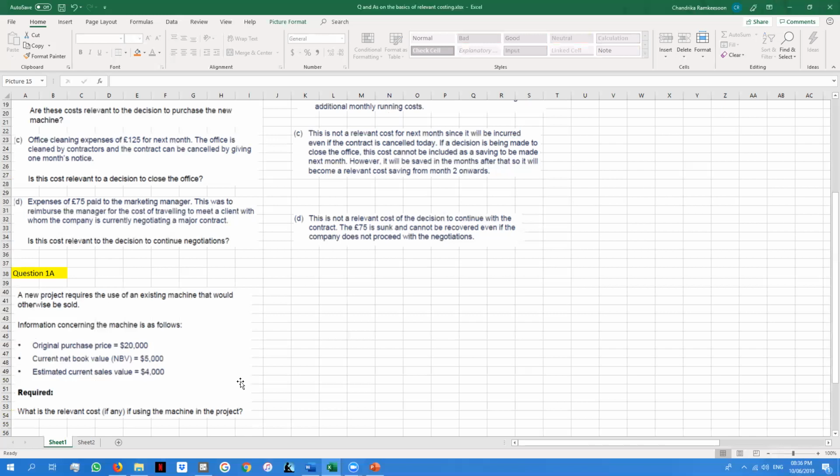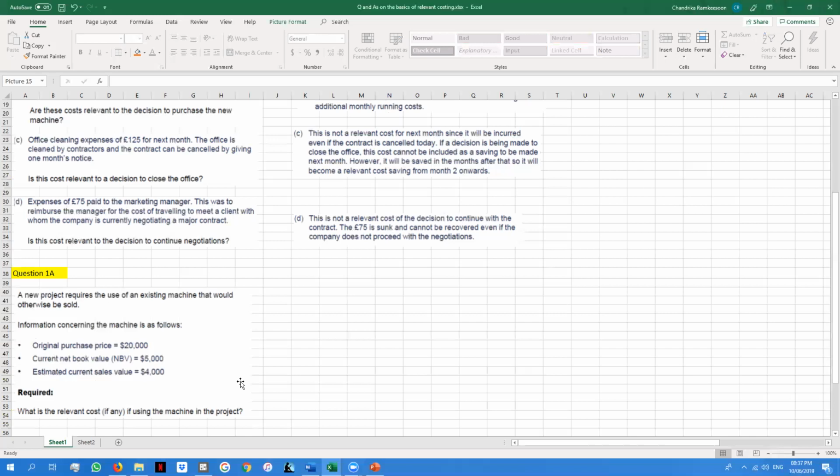Depreciation, however, is a non-cash item and is therefore not relevant. So the original purchase price is not relevant because it was incurred before; it's not a future cost. The 5,000 is not relevant because in arriving at it, 15,000 depreciation was charged, and depreciation is a non-cash item.